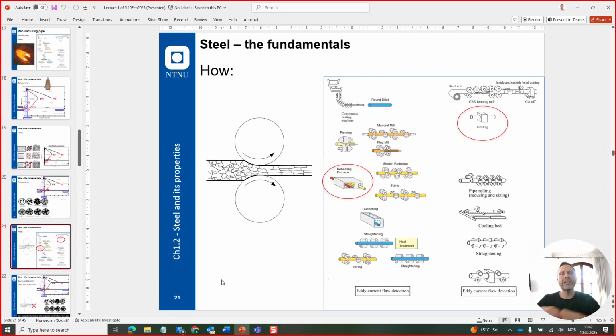We're going back to our process of manufacturing pipe. When we are milling, working the pipes, or the steel specimen, we are changing it at the macro and micro level. This drawing, and I will zoom in so that you see the milling better.